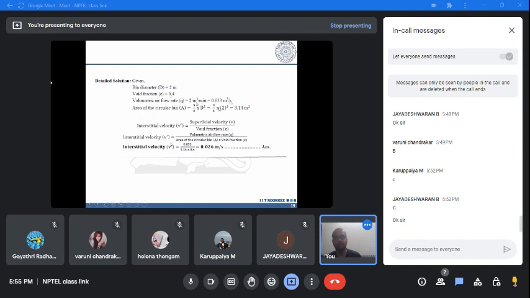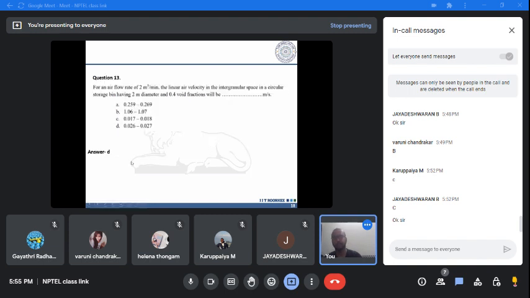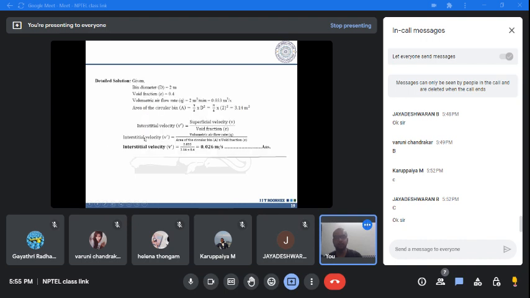If you solve this equation, you will get 0.026 meter per second, that is the velocity of the air in the bin. So option D is the correct answer, that is 0.026 meter per second.